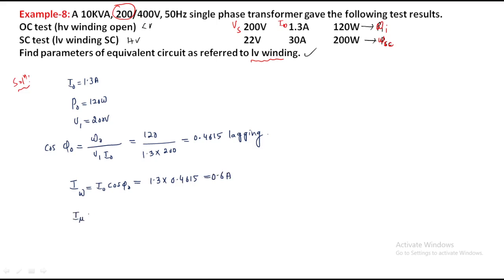Therefore, I mu should be equal to I naught into sin phi, which is I naught into square root of 1 minus cos phi naught whole square. After substituting this, we get 1.1533 amperes. This is the magnetizing component of current. Later we have to calculate R naught, which should be equal to supply voltage by IW, that is 200 by 0.6.